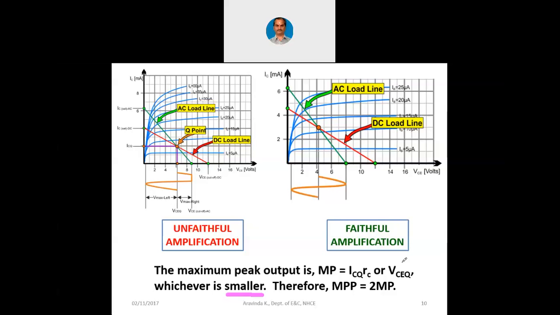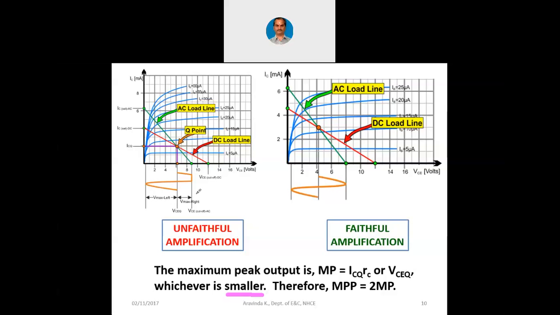Therefore, MPP, maximum peak to peak output, is going to be 2 into MP, 2 into maximum peak output. We are going to see this when we work out the exercises in the next slides. But remember these expressions. Maximum peak can be ICQ into RC or VCEQ, whichever is smaller.